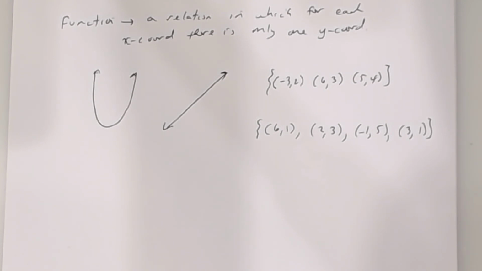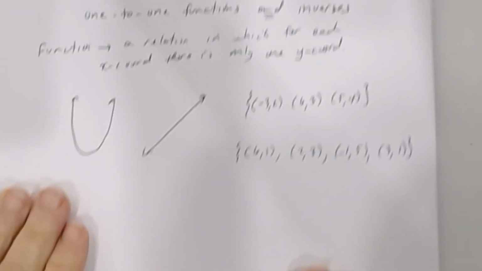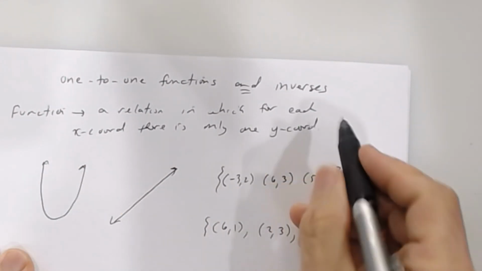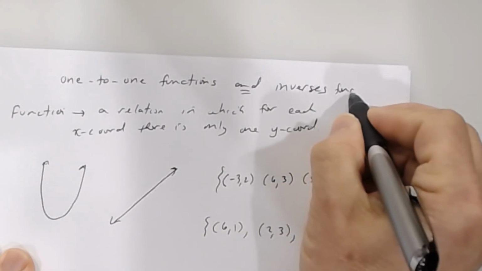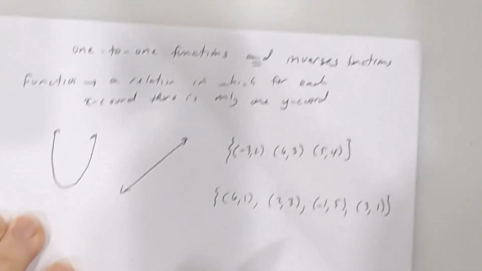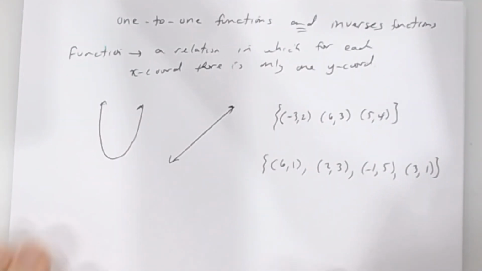But not all of them have inverses. So we want to talk about one-to-one functions and inverse functions. So all these are functions, but not all of them have an inverse. Right?